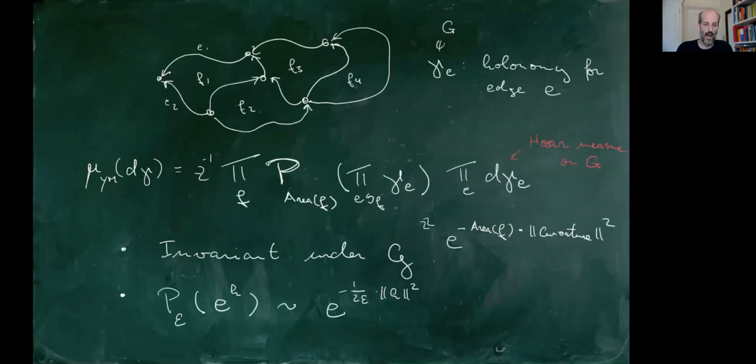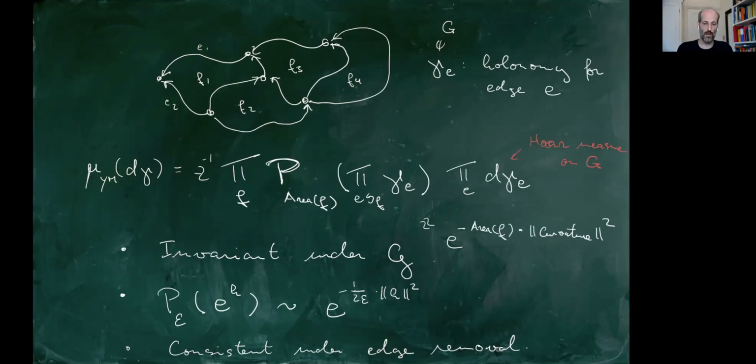And then the final property that makes this measure a really good candidate is that it's consistent under edge removal. If I take this measure on a very fine grid, and then I start removing edges to turn it into some kind of coarser graph, there are two ways of doing so.